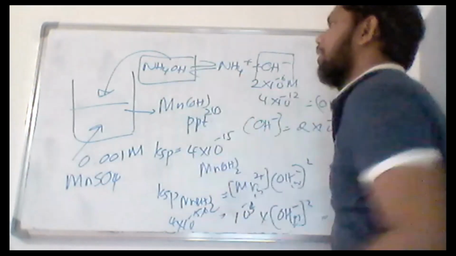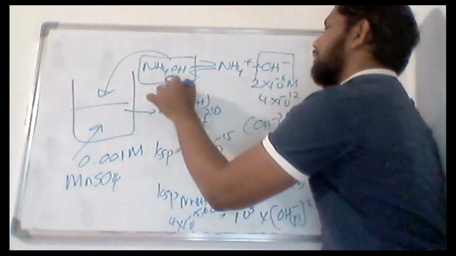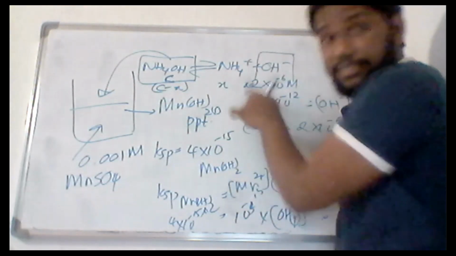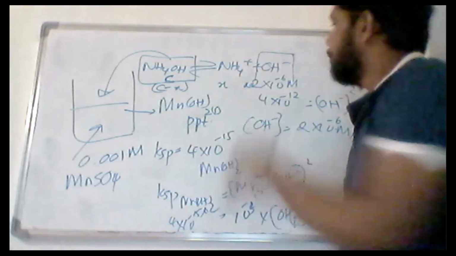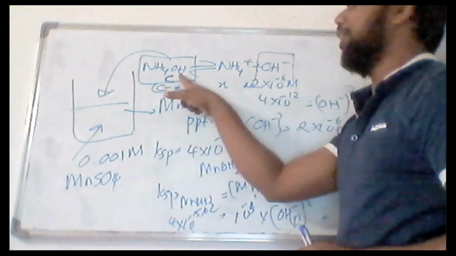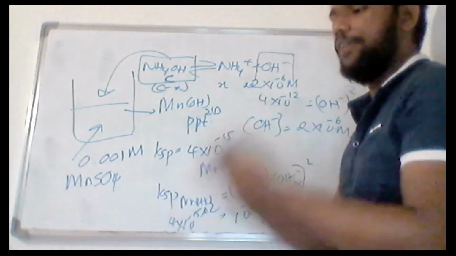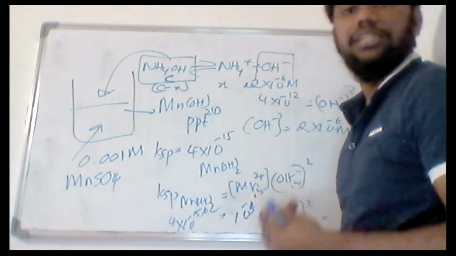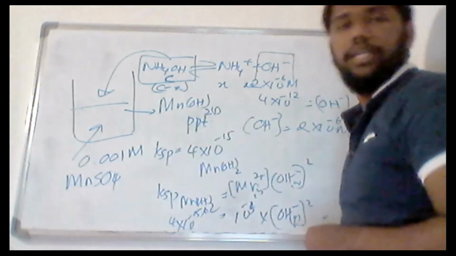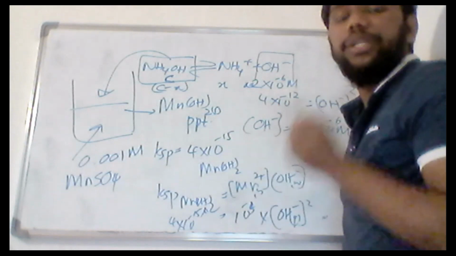If NH4OH initial concentration is C and the final concentration is C minus X, then this should be X and this should be X, and this X, which is finally in the solution, should be equal to 2 into 10 to the power minus 6. Why? Because initially the concentration of NH4OH is C, but after the equilibrium there should be a concentration in the solution which will allow you to precipitate this manganese hydroxide. So we used the Ksp value of manganese hydroxide to find how much OH minus should be there.